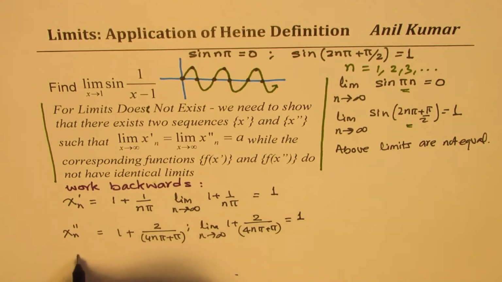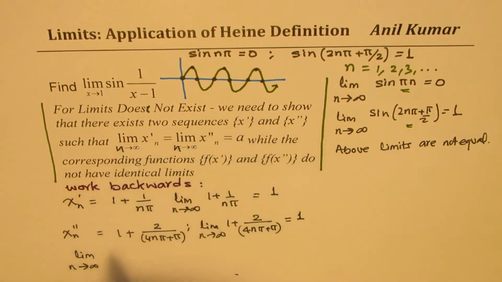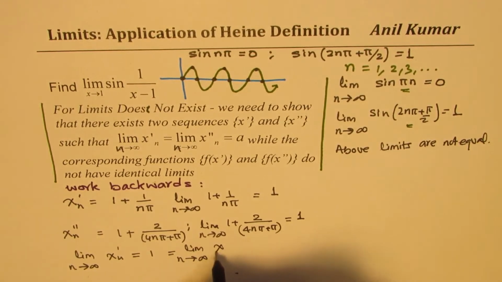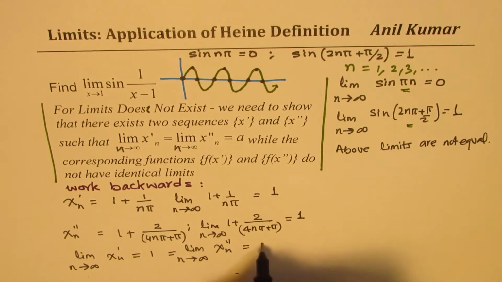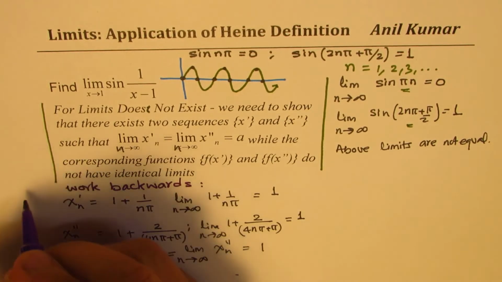So what we see here is that the limit as n approaches infinity for xn prime is equal to 1, and which is also equal to the limit as n approaches infinity for xn double prime, which is also 1, as you have shown. Correct? Now to provide the solution, we will start from here.